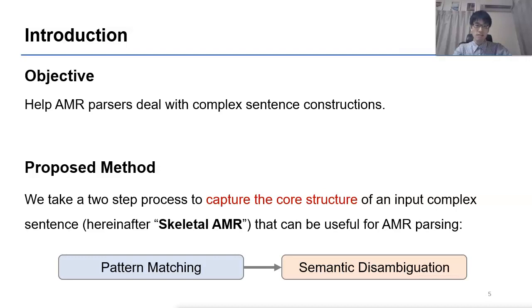To achieve this, we take a two-step process to capture the core structure of an input sentence as what we may call a skeletal AMR, which could be a beneficial indicator of the type of construction. Our approach can be roughly divided into a pattern matching step and a semantic disambiguation step.